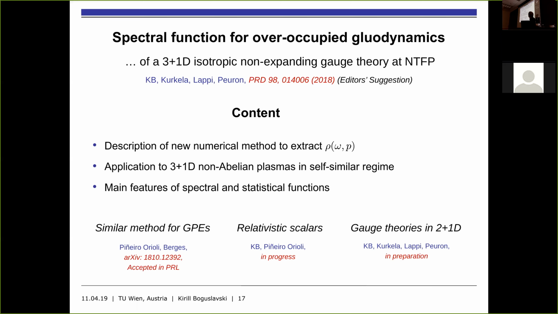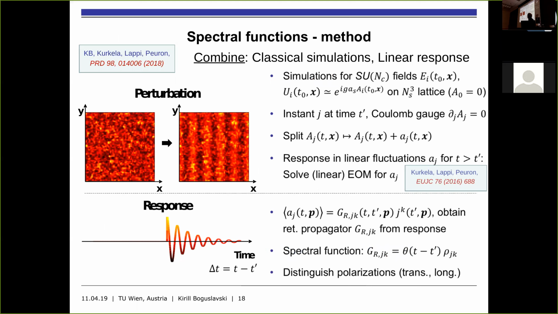Okay, well, let's start with the gauge theory. Or actually, let's start with the actual method. So what we basically do is we have a system. This is, for instance, a z=0 cut through your lattice of an observable like E squared, the electric field squared, but you can do that with any field.